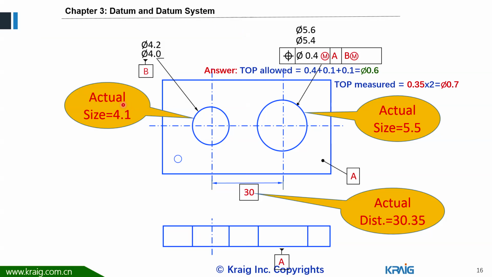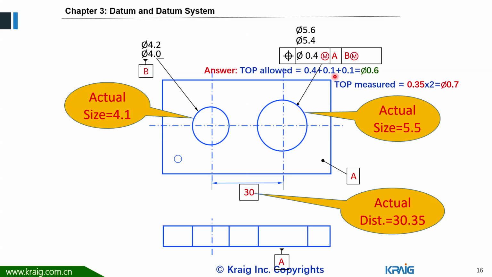Since the diameter is 4.1, that means it's bigger than 4.0. So the datum shift will be 0.1. So here will be 0.1. The tolerance feature diameter is 5.5. The worst case is 5.4. So the bonus will be 0.1 because 5.5 compared with 5.4.